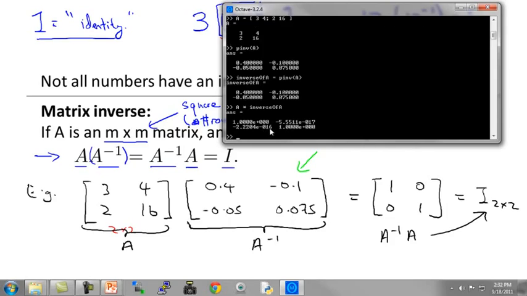So up to numerical precision, up to a little bit of round-off error that my computer had in multiplying these two matrices, these numbers off the diagonal are essentially 0. And so A times the inverse is essentially the identity matrix. I can also verify that inverse of A times A is also equal to the identity, with ones on the diagonal and values that are essentially 0 except for a little bit of round-off error on the off diagonals.